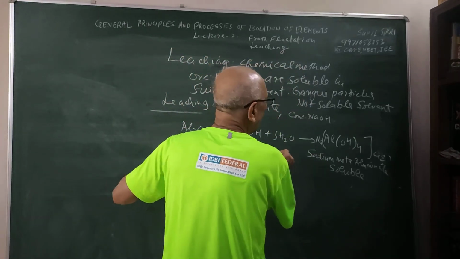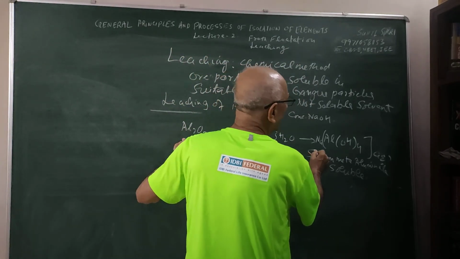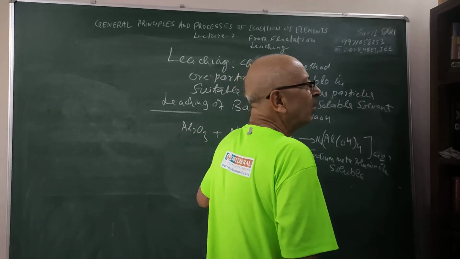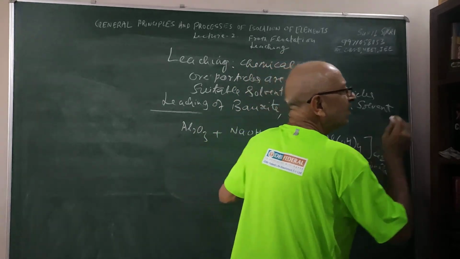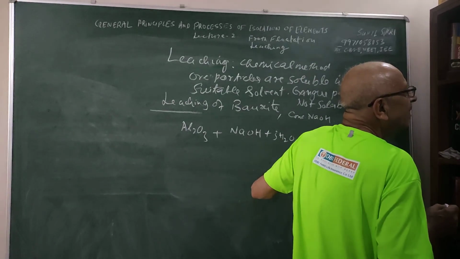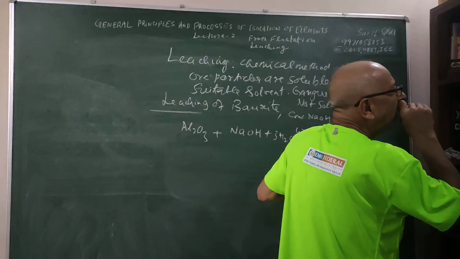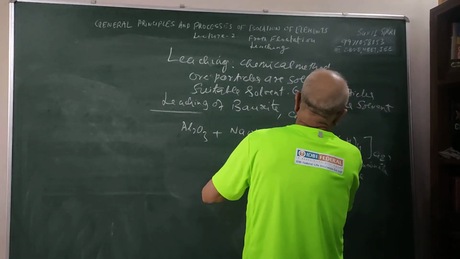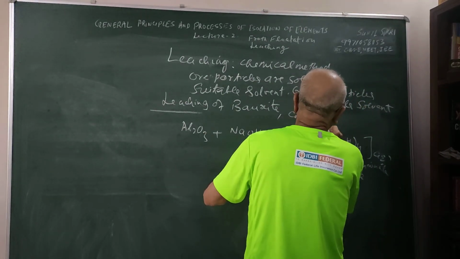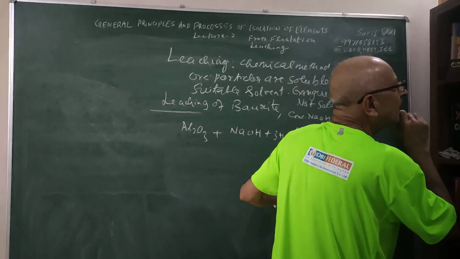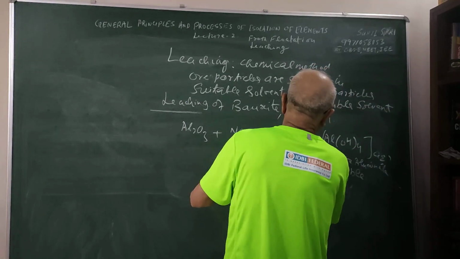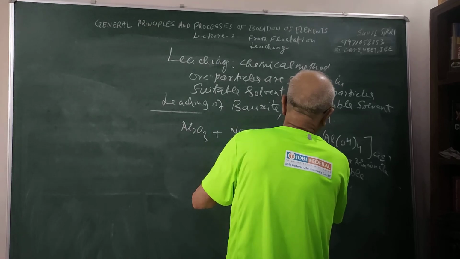So what is the result of this? You get sodium aluminate, which is a soluble complex. The temperature used in this case is 473 to 573 Kelvin, and the pressure is around 30 to 35 atmosphere.